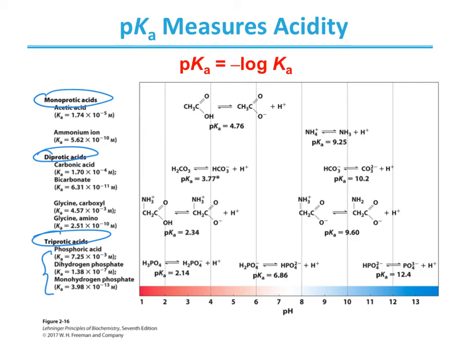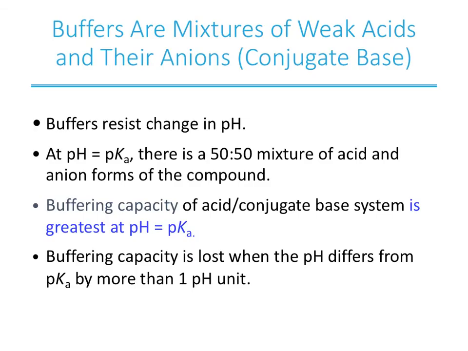So if we look here, the first Ka value would refer to this equilibrium, the second Ka value would refer to this equilibrium, and the third Ka value would relate to this equilibrium. And then the pH scale also shows how the pH is changing depending upon the acid and the equilibrium in effect.